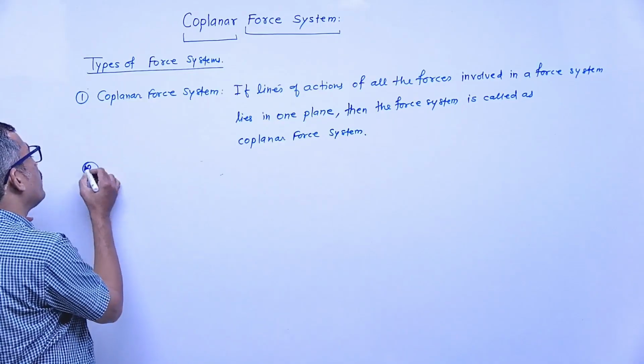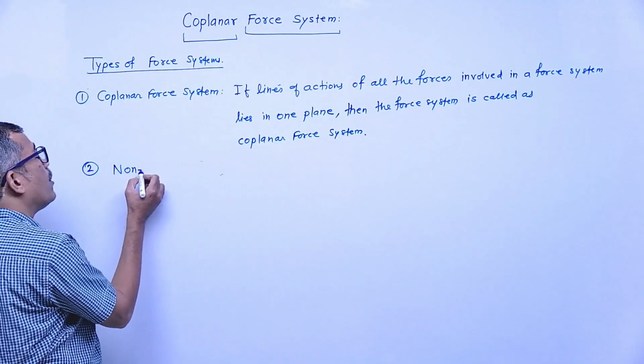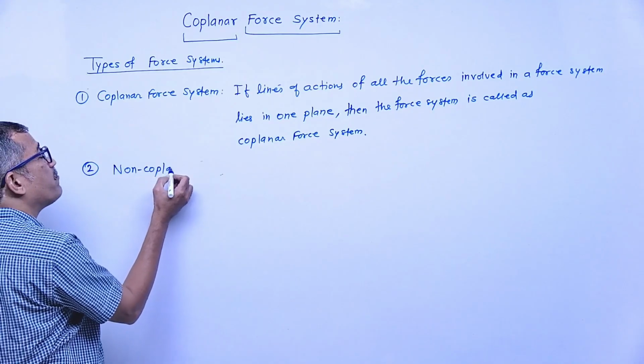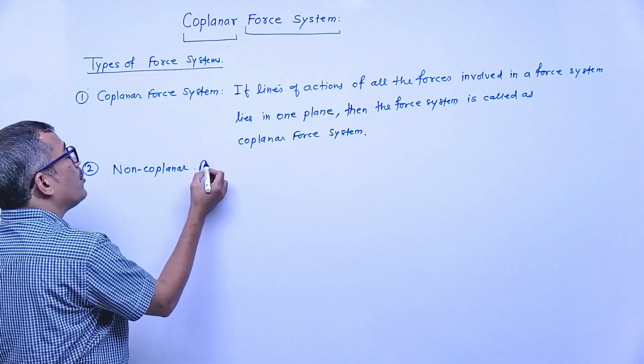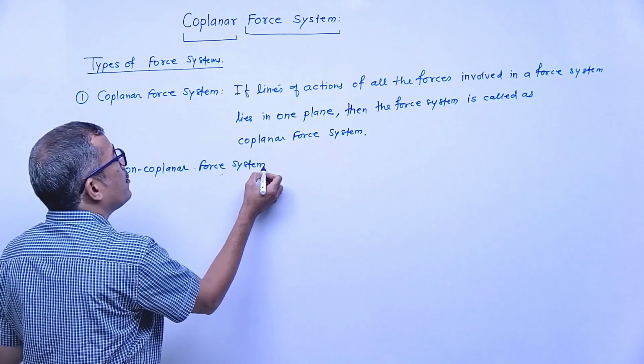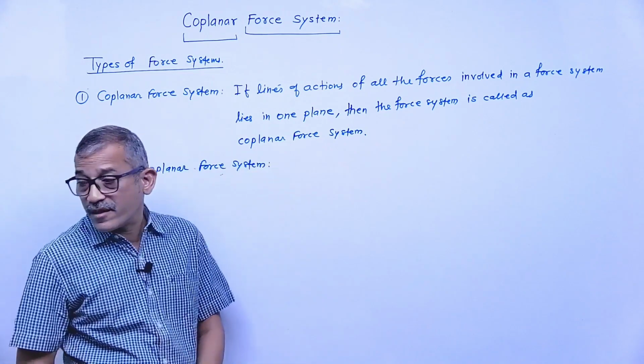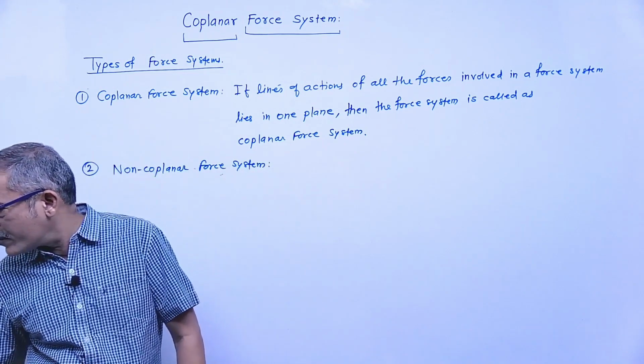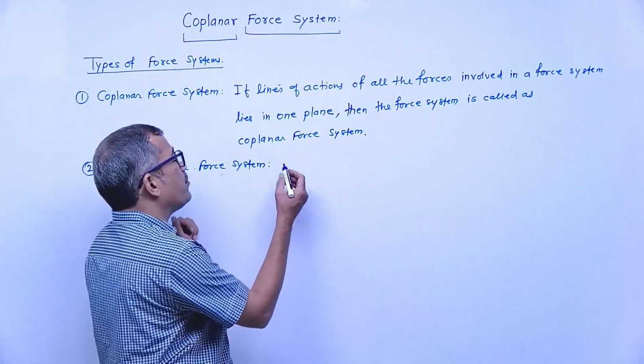Number 2 is non-coplanar. How will we define this force system? Just now I discussed that if lines of action don't lie in one plane, then the force system is called the non-coplanar force system.